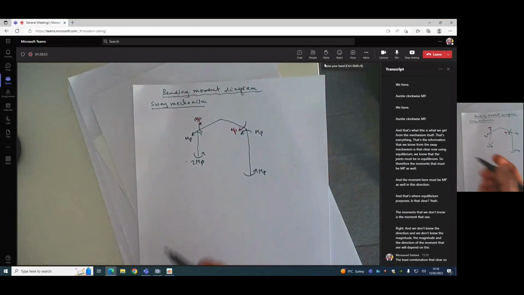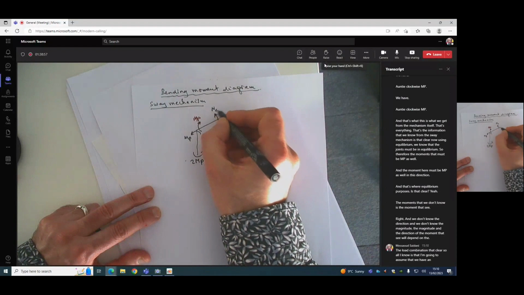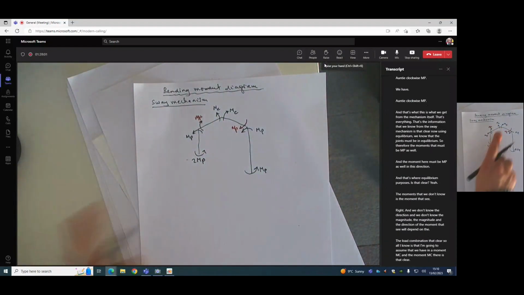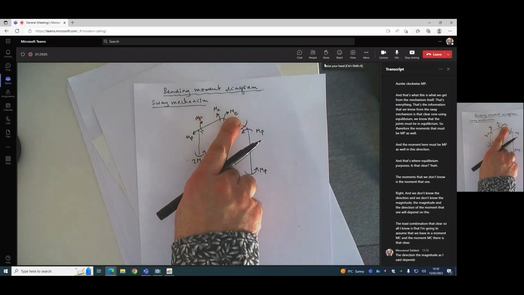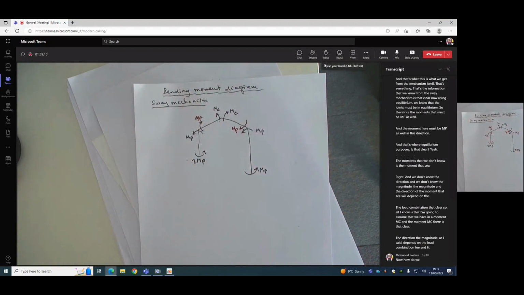Is that clear? So all I know is that I'm going to assume that we have a moment MC and a moment MC there. Is that clear? The direction, the magnitude, as I said, depends on the load combination, V and H. Now, how do we draw the bending moment diagram for this?